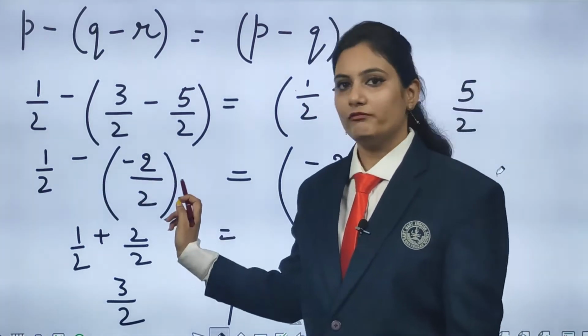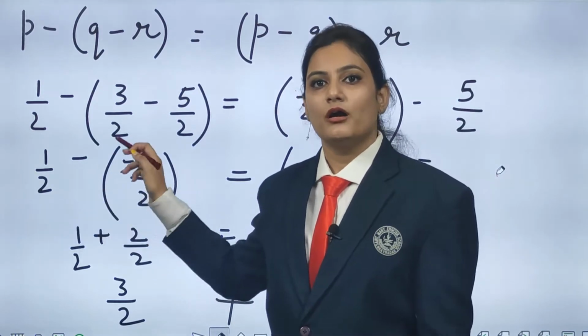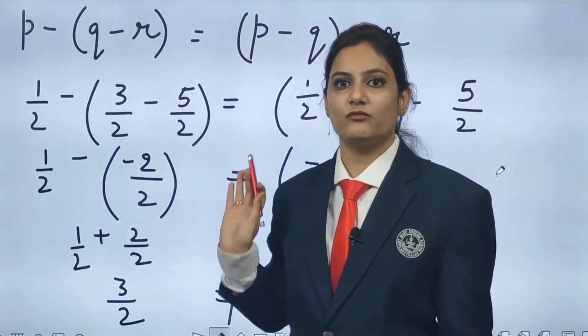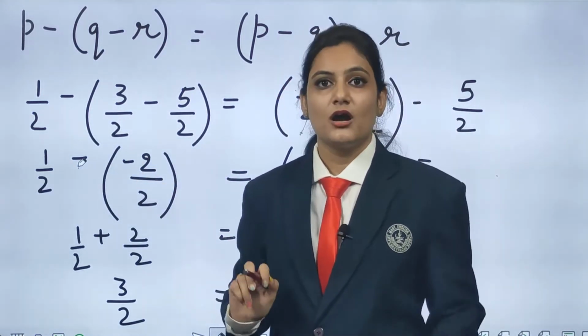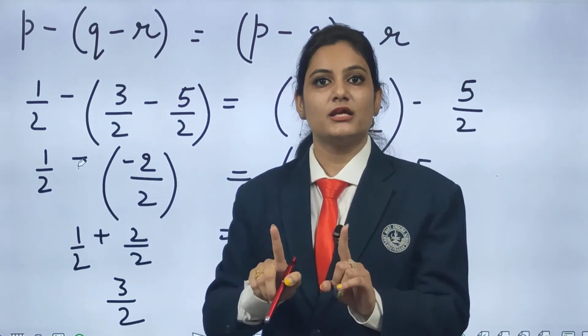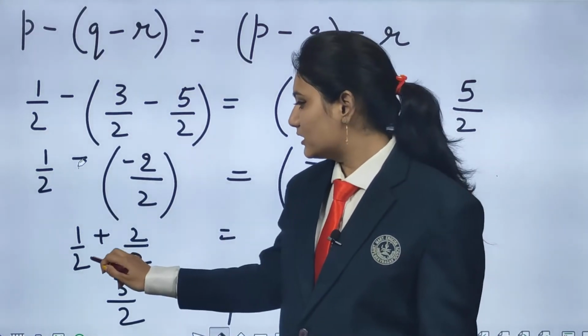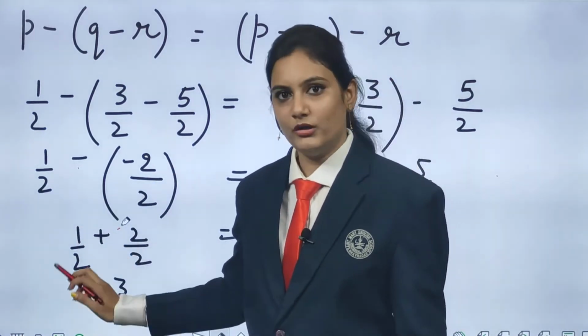Here when you are solving this bracket, outside the bracket it is subtraction. Outside the bracket, if subtraction sign is there, then inside the bracket the sign will change. Here minus and here minus. Minus into minus, then answer is plus with the sign plus. So, answer here is plus 2 upon 2 and here 1 upon 2.